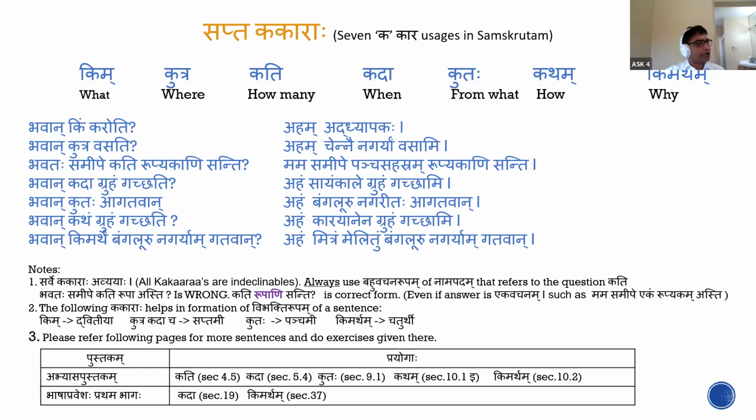Why did I make a mistake? Okay, I will correct it. I am not seeing Kutaha here. It is in the other book, I think. Mahodaya, 9.2? The one below, one page below. Okay.